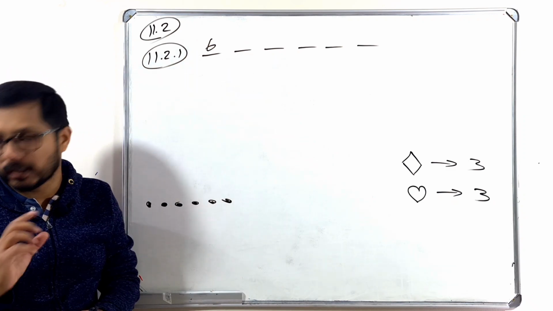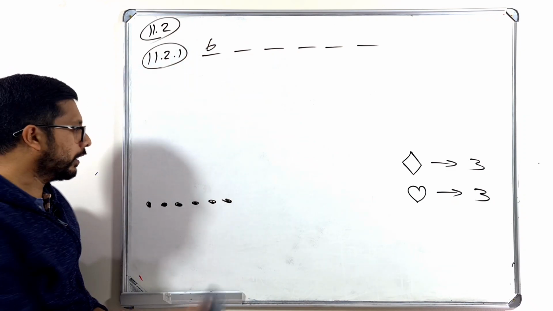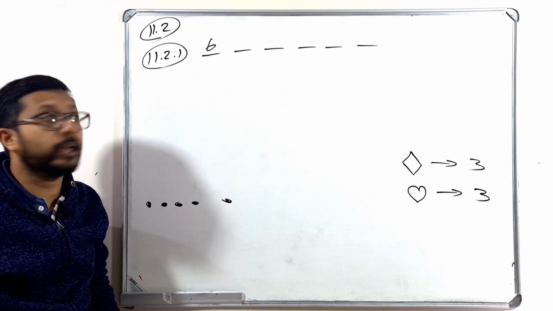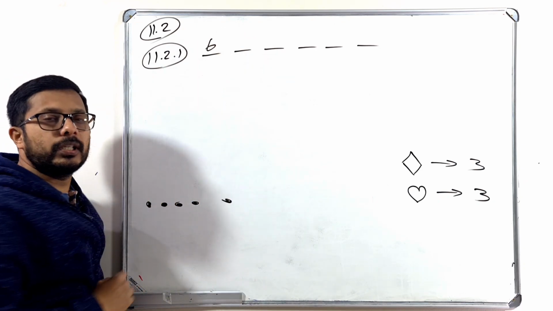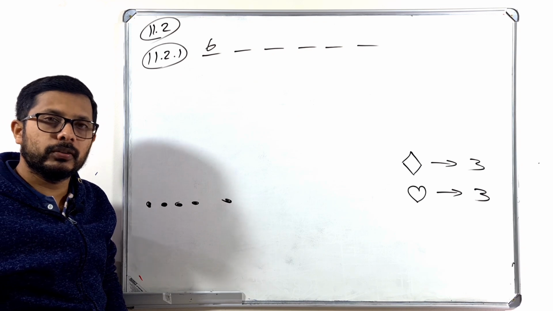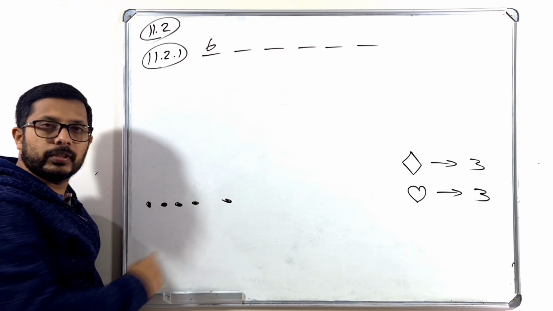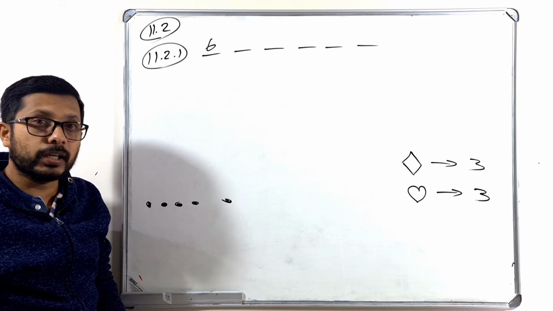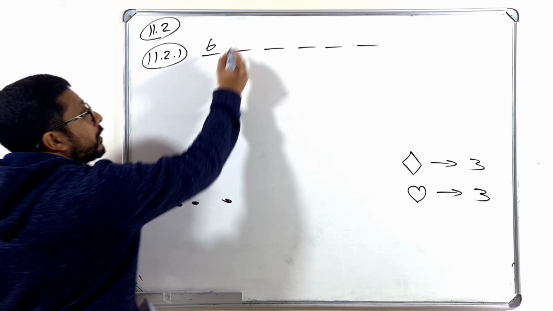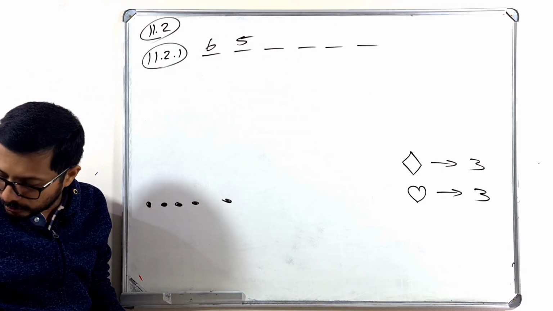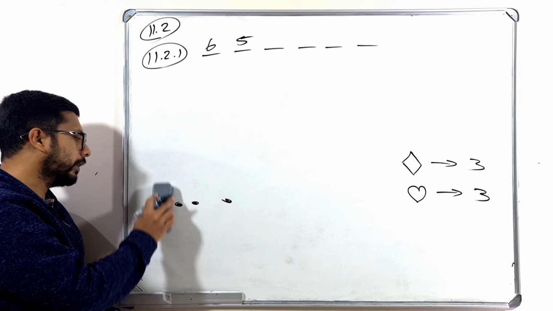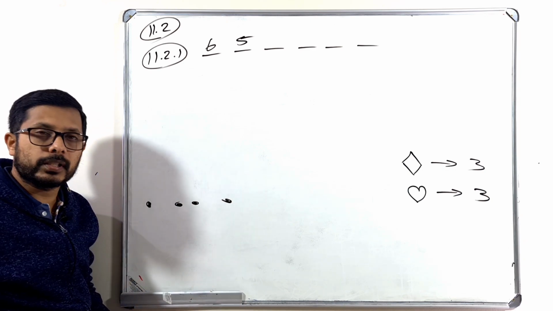So I took one card and put it there, any one card. Now for this position to be filled, how many cards are left? I have only 5 cards, so I have only 5 options. Assume that I took any one card and put it on the second place.